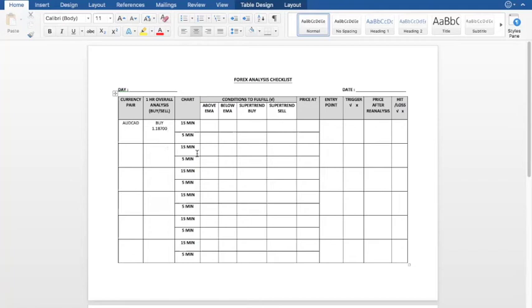Then basically I think I share the chart. Just give me a minute.